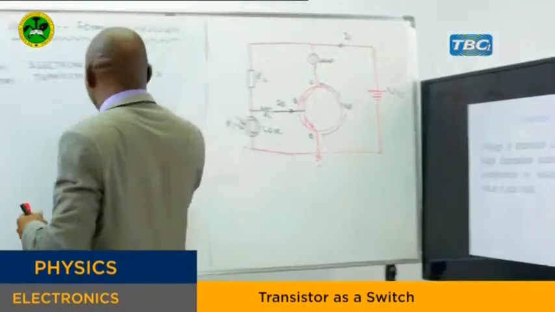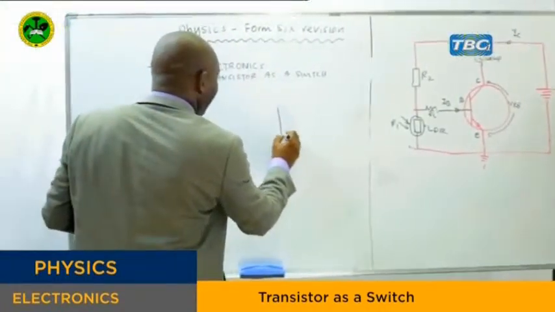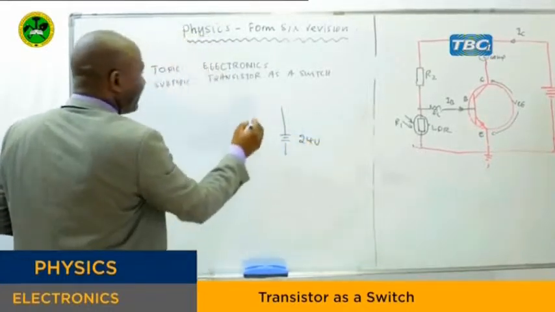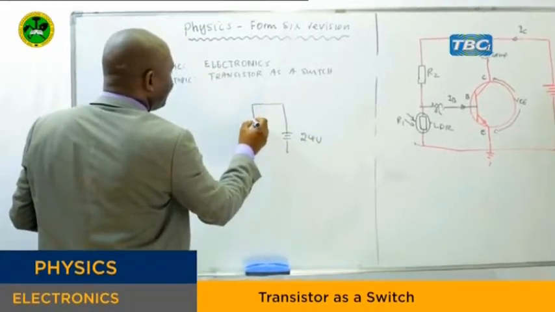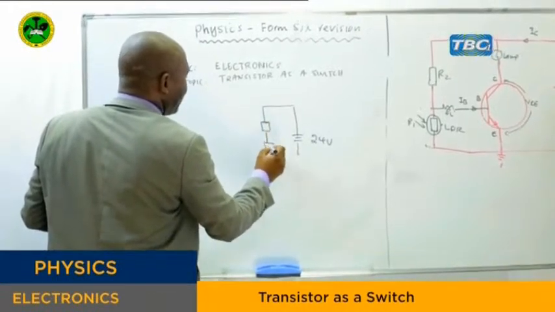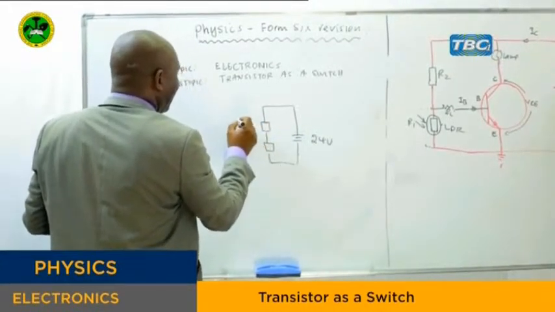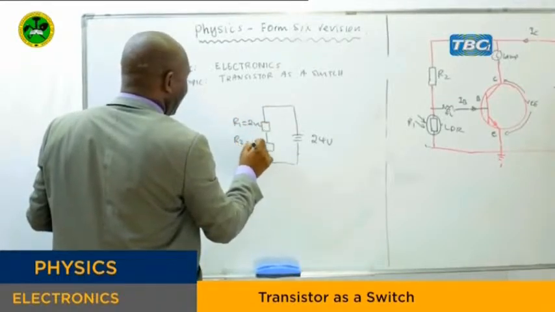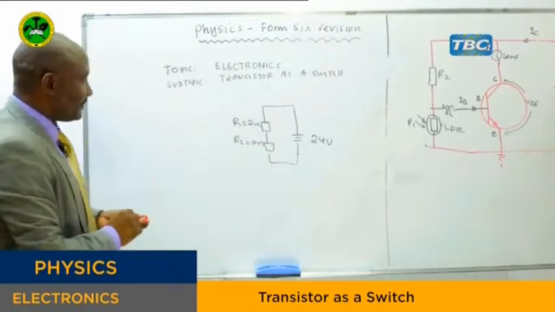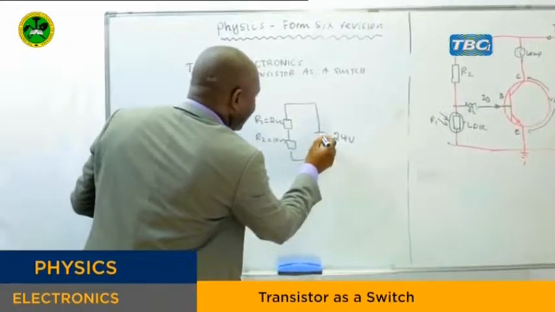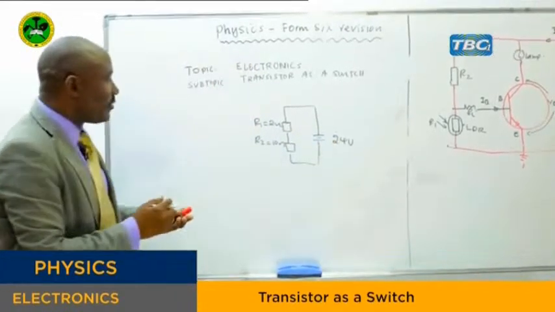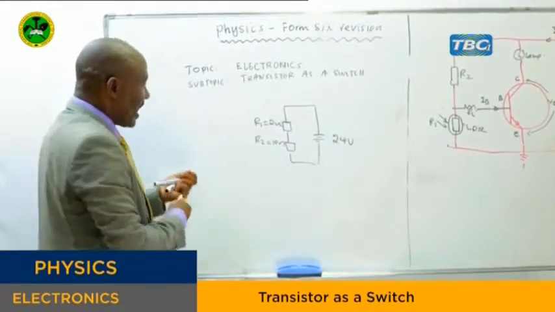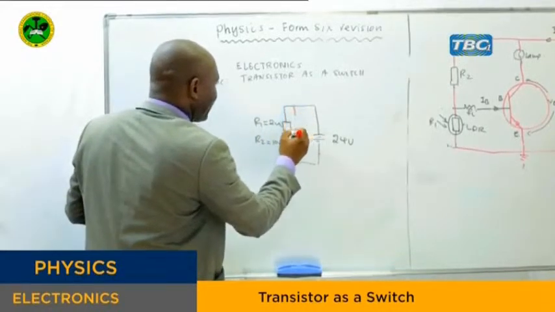For example, let's consider a circuit of this type. The supply is 24 volts, R1 here is 2 ohms, and R2 here is 10 ohms. This is to understand the meaning of the potential divider.